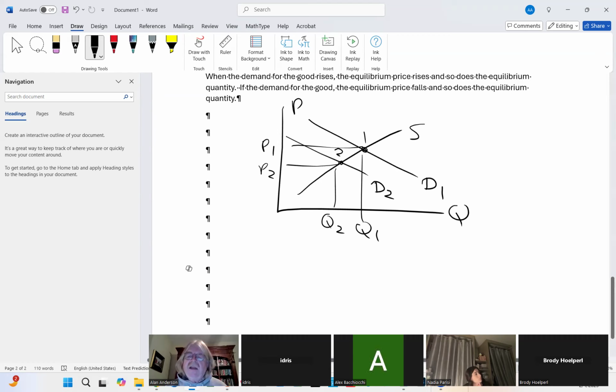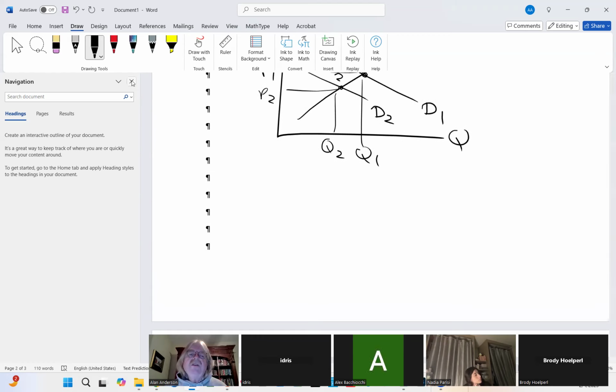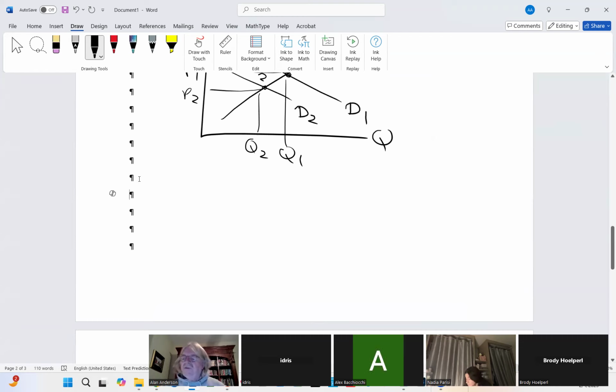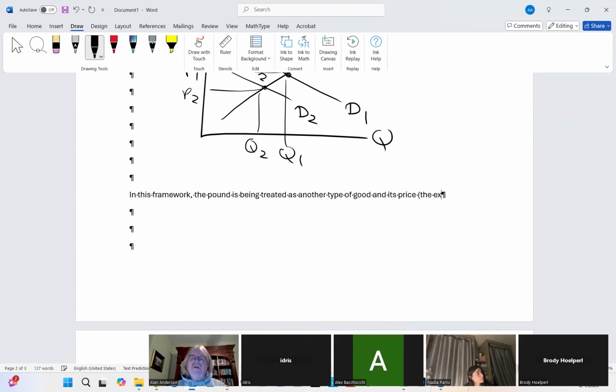So this is true for any good in any market. Now, what they're suggesting here is that in this framework, the pound is being treated as another type of good, and its price, in other words, the exchange rate, is determined by the interaction between supply and demand for the pound.